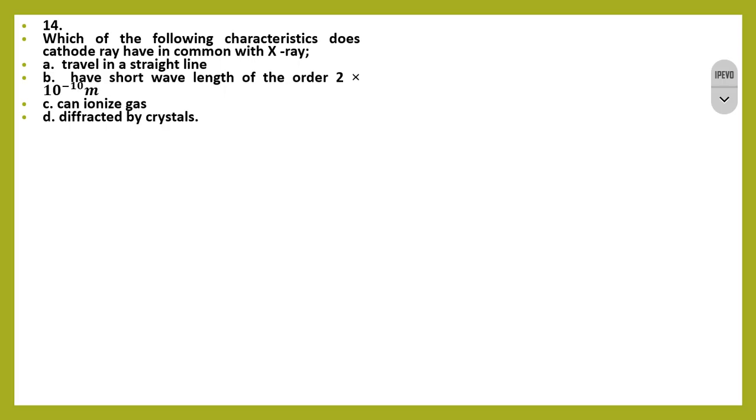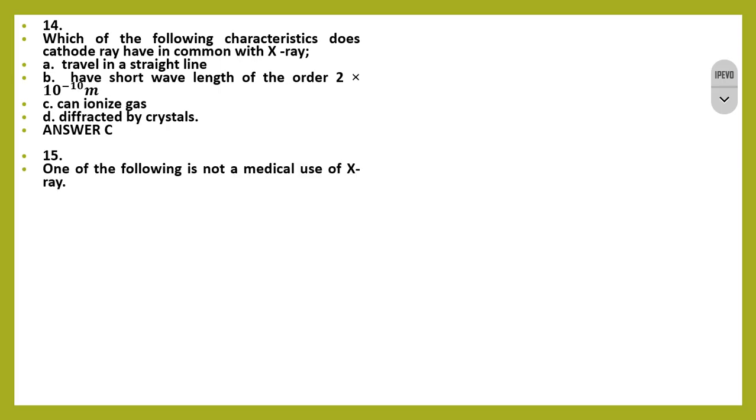They travel in a straight line, have a short wavelength of the order of 2 times 10 to the power minus 10 meters, can ionize gas, diffracted by crystals. So the correct option here is option C. They both can ionize gas.